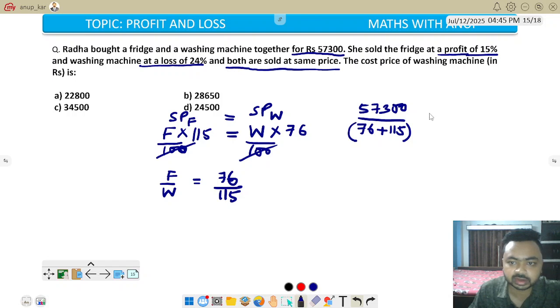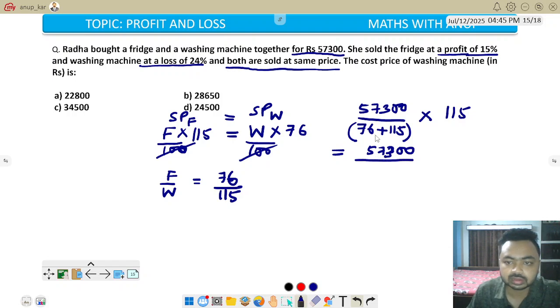We have been asked to find out the cost price of washing machine, so it will be 57300 by, 6 plus 5 is 11, 7 plus 1 is 8, 9, 191, into 115. Is it correct? Yes, it's correct.